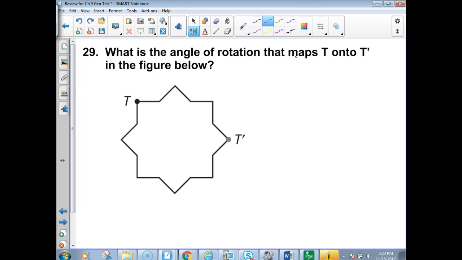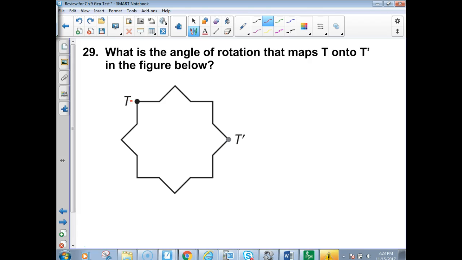Number 29 says, what's the angle of rotation that maps T onto T prime in the figure below? Now, I need to let you know that the answer in the key is incorrect. The answer in the key on the last pages is incorrect because it gives a rotation of clockwise. What way are we supposed to go?